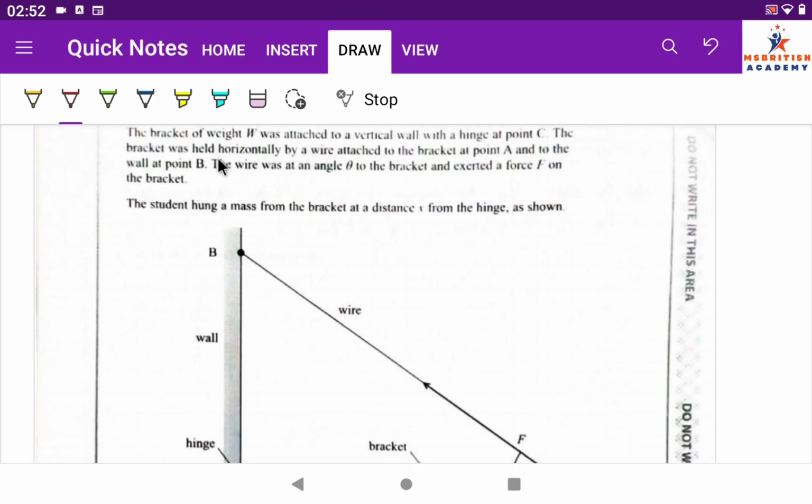The bracket of weight W was attached to a vertical wall with a hinge at point C. The bracket was held horizontally by a wire attached to the bracket at point A and to the wall at point B. The wire was at an angle theta to the bracket and exerted a force F on the bracket. The student hung a mass from the bracket at a distance of x from the hinge as shown.